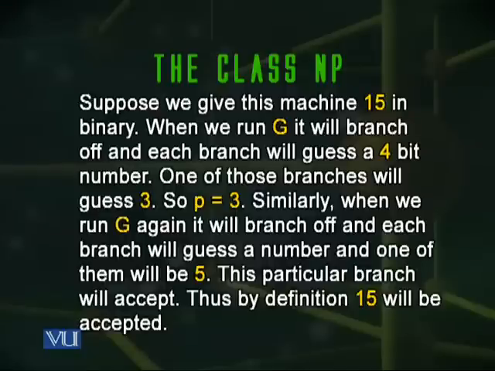So in this case, p is equal to 3. Similarly, when we run G again, it will branch off, and each branch will guess another number, and one of those branches will guess the number 5. And this particular branch will accept. Thus, by definition of acceptance of a non-deterministic Turing machine, 15 will be accepted.